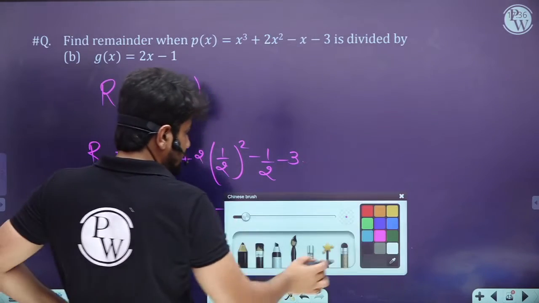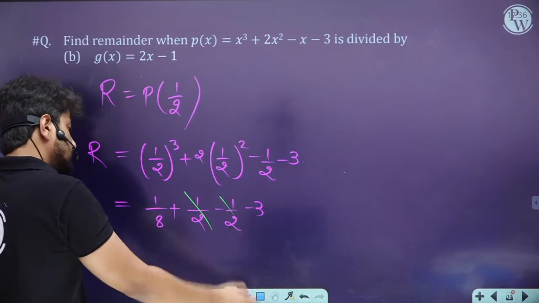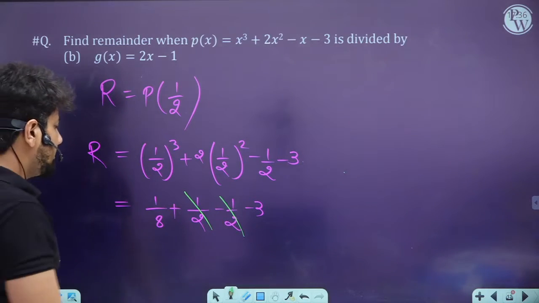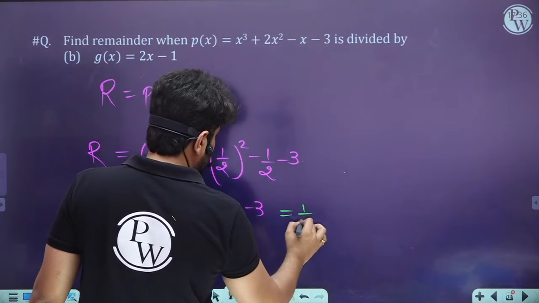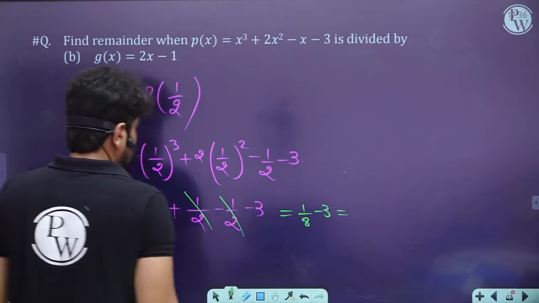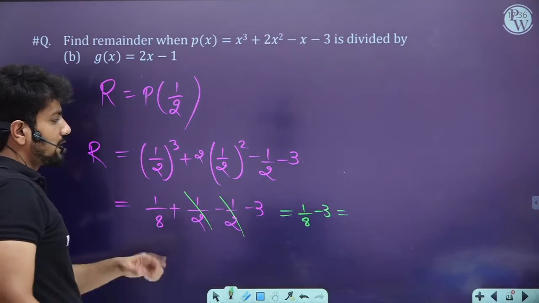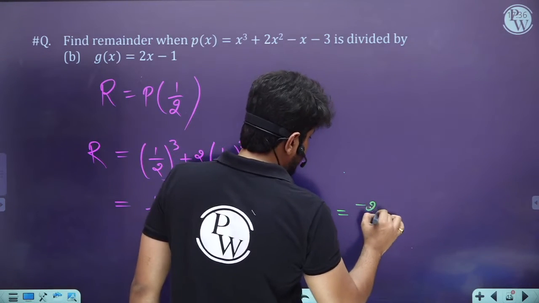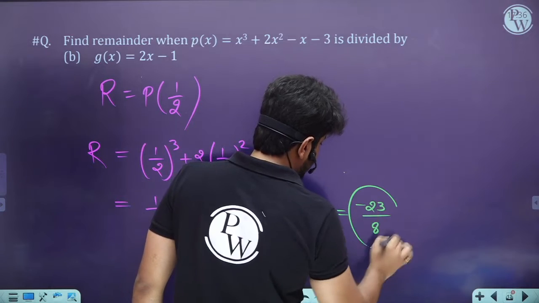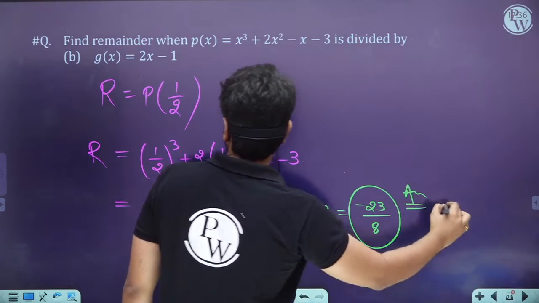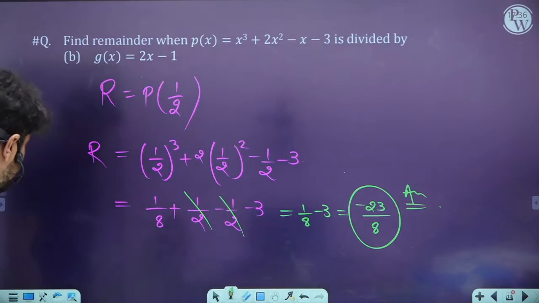Now this 1 by 2 terms get cancelled out. We have 1 by 8 minus 3. 8 3s are 24. 1 minus 24 will be minus 23, minus 23 by 8. That's our answer. That's the remainder.